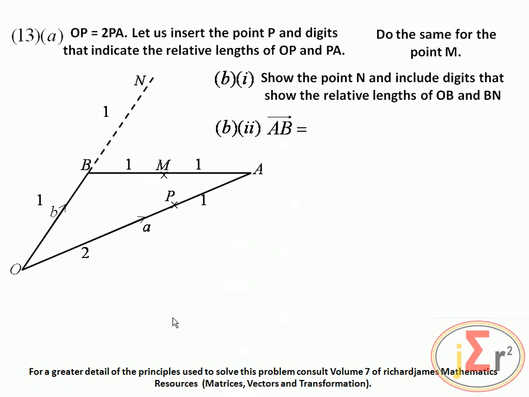Now we need to determine AB. To go from A to B, we go this way, which is negative a, and we have a positive b. So we have negative a plus b, and we may write that as b minus a.